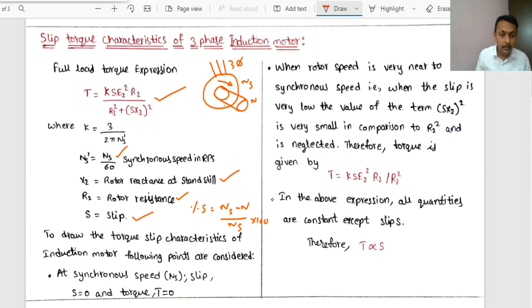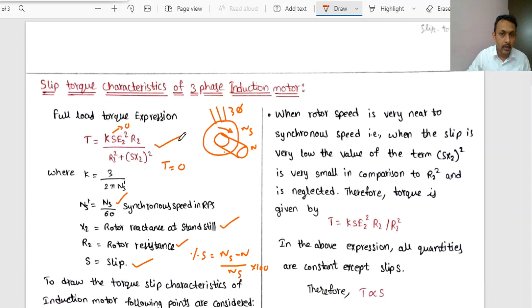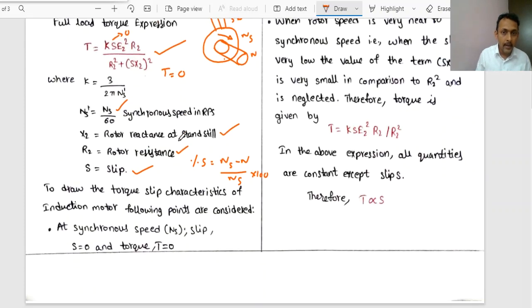Once the slip becomes 0, we can observe in this equation that if S becomes equal to 0, then the torque also will become equal to 0. This point is very important. If in the three-phase induction motor the rotor also rotates at synchronous speed, then obviously there won't be any difference in the speed. Then the slip S becomes 0 and the torque also becomes 0.